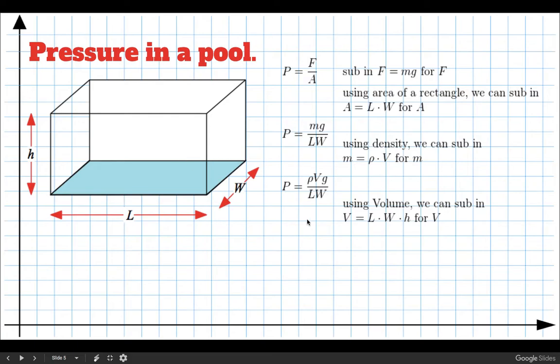And so if I substitute that in for V, I get this expression for the pressure on the bottom of the pool. And the interesting thing to note here is that the length and the width appear in both the numerator and denominator. So those cancel and just leave us with the pressure on the bottom of the pool is rho, the density of the fluid that's in the pool, times g, the gravitational constant, times h, which is the depth of the pool. So this is the formula we call the hydrostatic pressure.